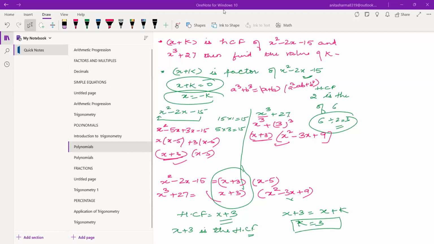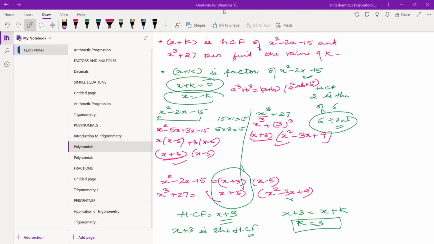Yes, beta, see. What we have been given is the HCF of this. So what do you mean by HCF? This means highest common factor. If you remember, while finding the HCF, you can just find their factors, right? Prime factorization method. Then you were circling the common factors, right, beta?